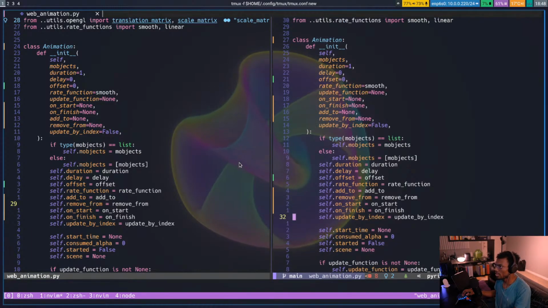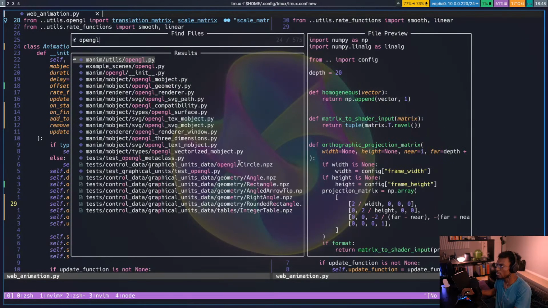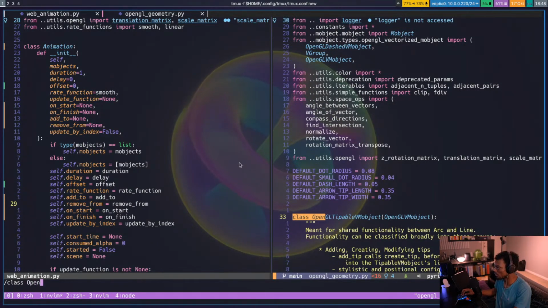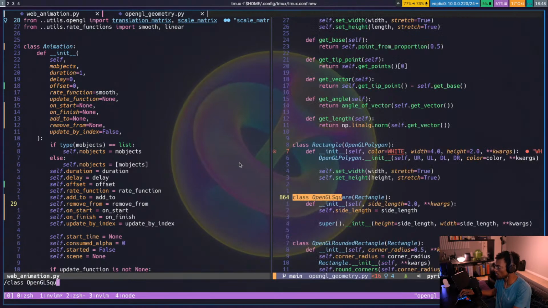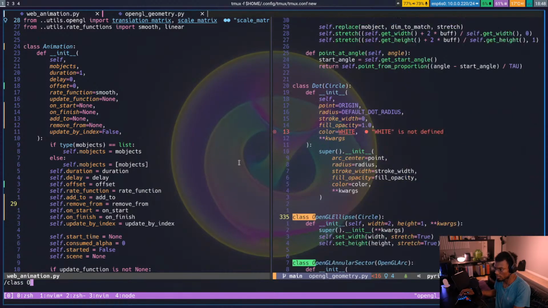But in the geometry... Is it like OpenGL geometry? There's an OpenGL square. Yeah, I guess I just renamed circle already? Okay.